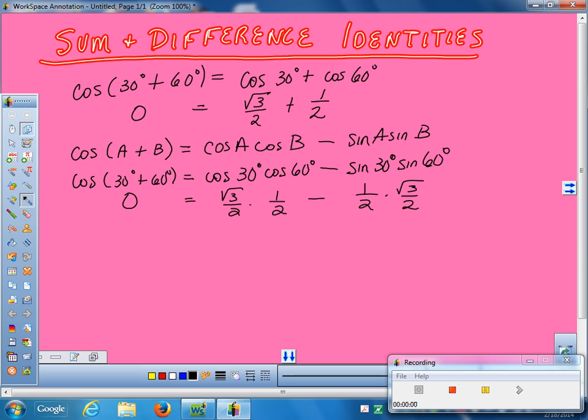Now, some people look at the tangent identities and think, it's horrible, I can't keep it straight. Nah, it's not that bad. It's always on top. If you're doing tangent of A plus B, it's the tangent of A plus, keeps the same sign, the tangent of B. But on the bottom, it's always 1 minus, the opposite sign.